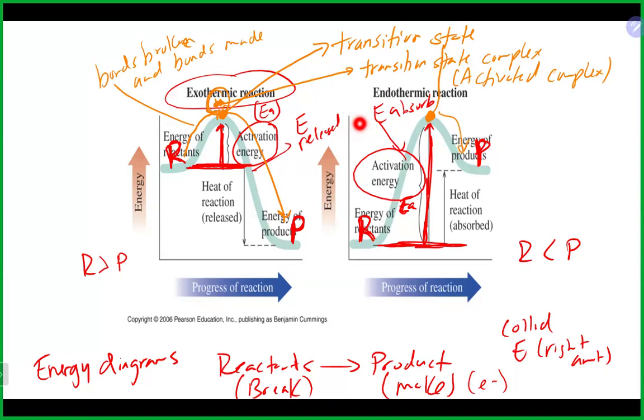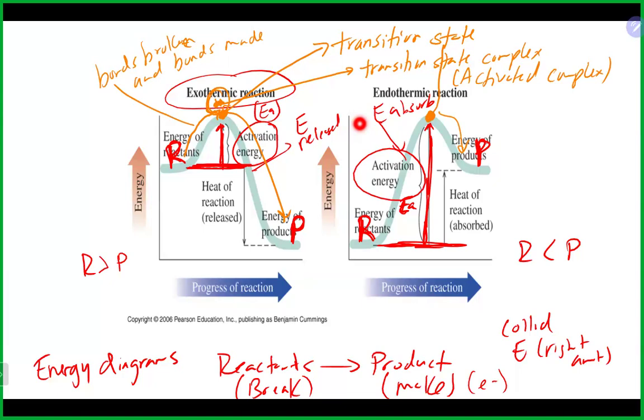Usually those transition state complexes have partially made bonds and partially broken bonds, which is why they're really high in energy and very, very unstable. They don't hang around a long time because they're in a state of moving to the next thing. So that's why it's referred to as a transition state complex. Any questions on that there?